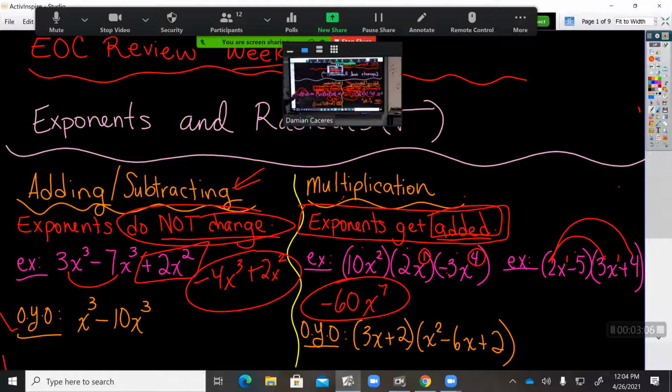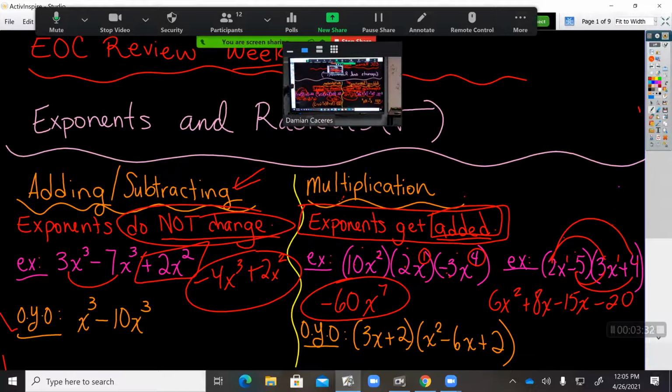So 2x times 3x is 6x squared. 2x times positive 4 is positive 8x. There's no exponents to add there because the 4 had no variable or exponent. Now we distribute the negative 5. Negative 5 times 3x is negative 15x, and negative 5 times positive 4 is negative 20.